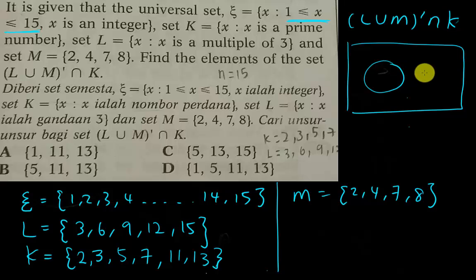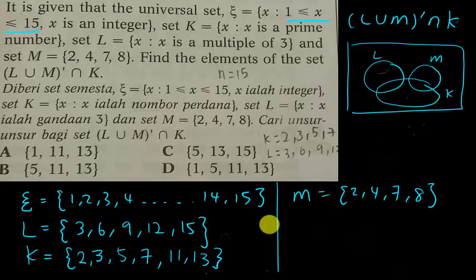So I will say L and M is something like this. This is L, this is M. Then I see, does K share something in common with them? K has 2, and M has 2. K will share something in common with L also. So I know K definitely will touch both of them. So yeah, this is the diagram I have here.